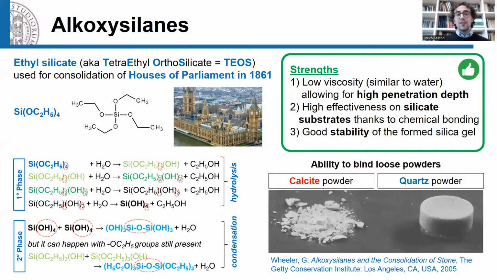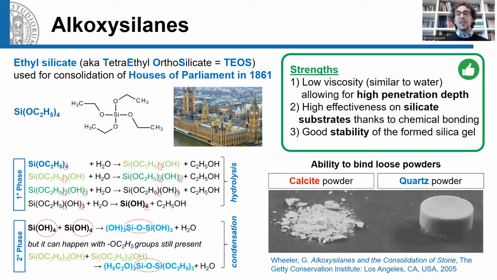So the first class of consolidants that we will see is that of alkoxysilanes. They have been in use for more than 1.5 centuries now for stone consolidation. So basically they are solutions of ethyl silicate, which is also known as tetraethyl orthosilicate, TEOS. So the idea is you impregnate your stone with a solution of ethyl silicate.